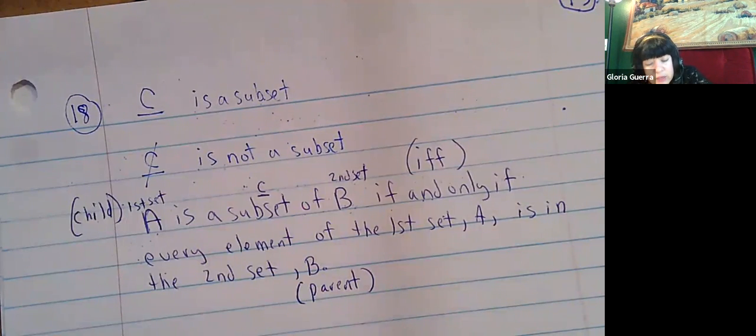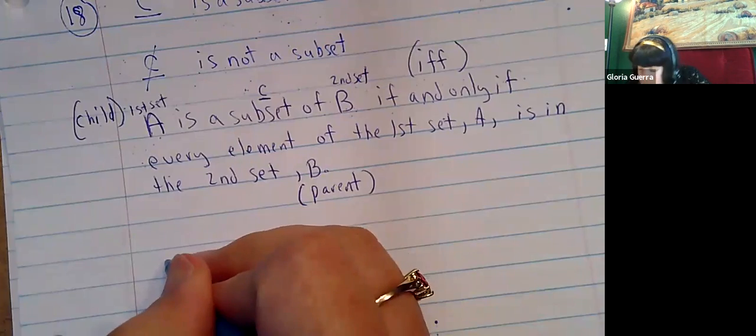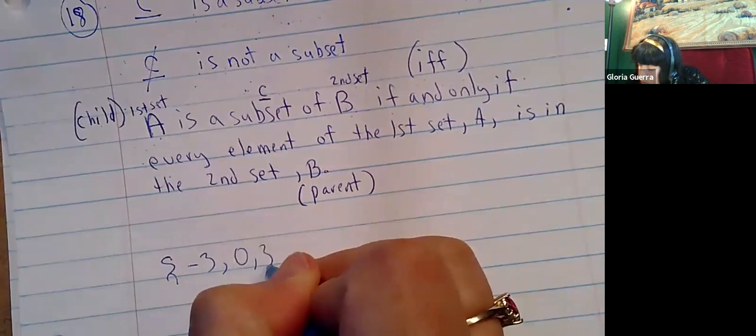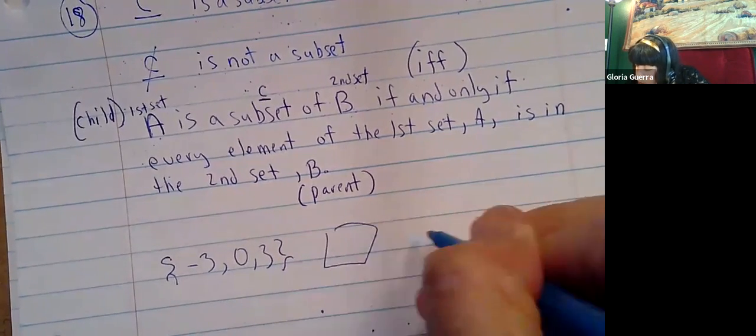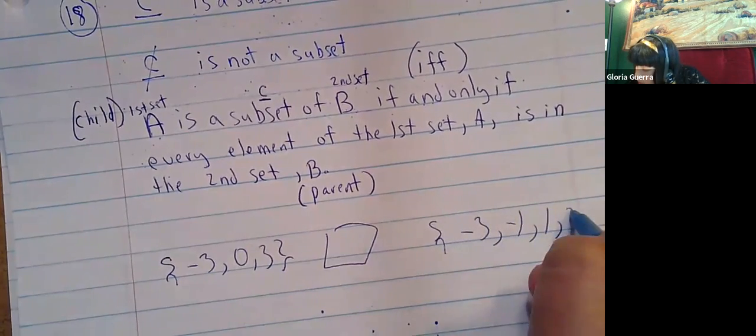Okay, so let's see. 18, if I look at 18, this is what I have. They didn't name it, but here's the first set, -3, 0, 3. And then here's the second set, -3, -1, 1, 3.